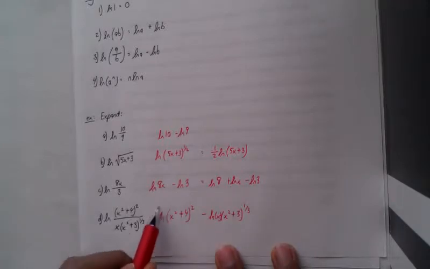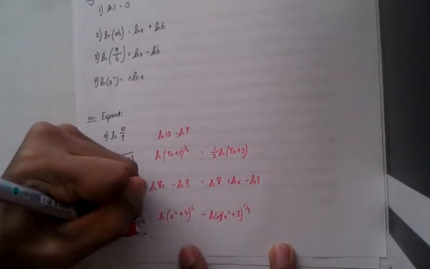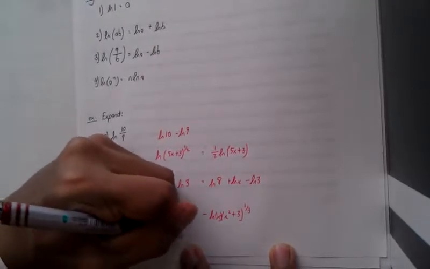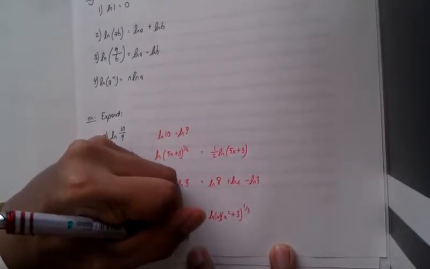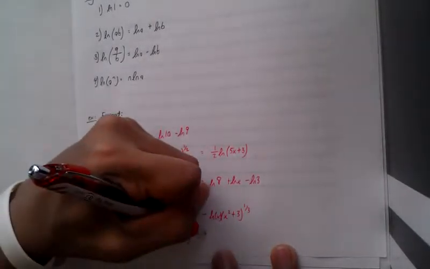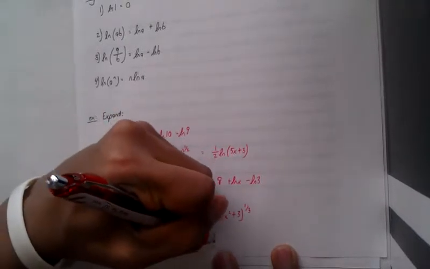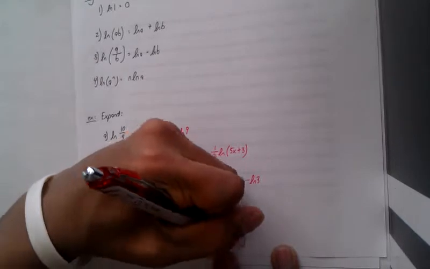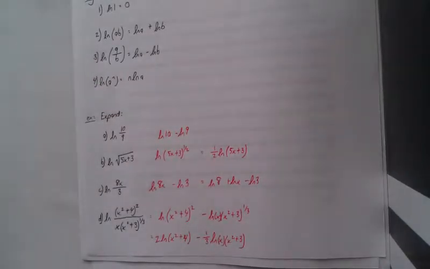You can bring this 2 around to the front because of the power rule. 2 natural log x squared plus 4 minus, you can bring this 1/3 out into the front.